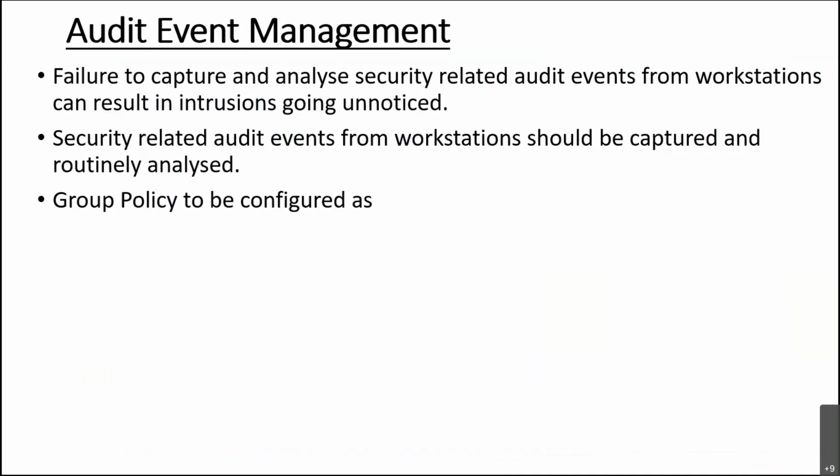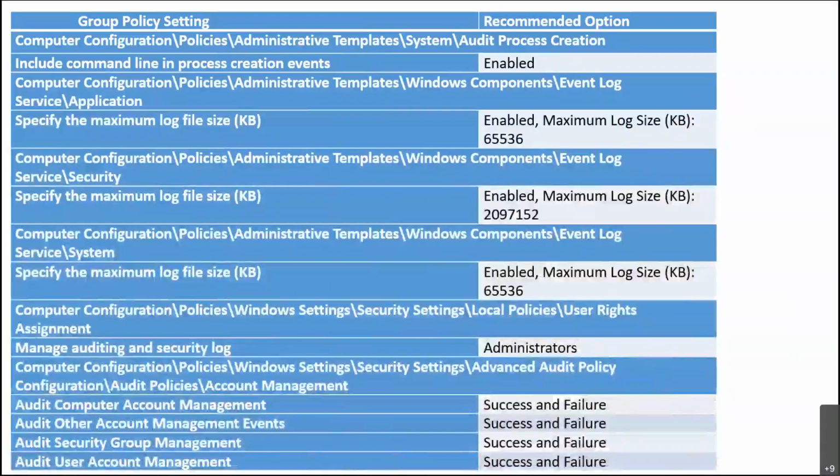In case you are not able to capture and analyze security related audit events, an intrusion can go unnoticed. So security related audit events from workstations should be captured, and the IT team should routinely analyze them, to see whether any untoward traffic or incident is happening.